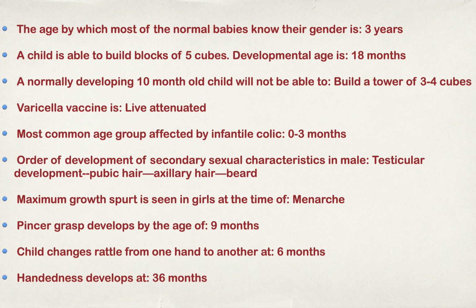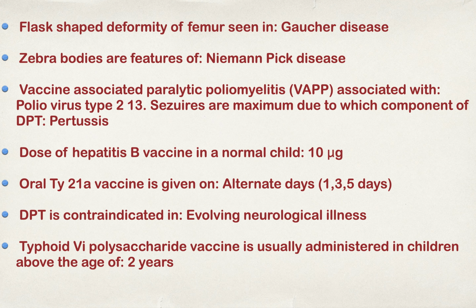Remember, pincer grasp develops by the age of 9 months. Now, child changes rattle from one hand to another at 6 months. Handedness develops at 36 months.